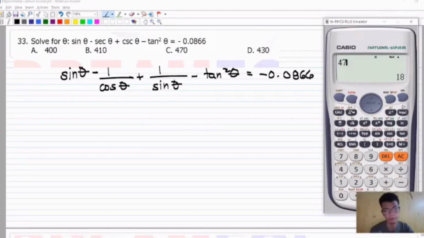For example, 470. So ang i-answer na calculate natin dito is 475. Medyo malayo pa. Check pa natin kasi wala yung 475. Kapag 400 naman, 403 naman ang answer. Shift solve 410.